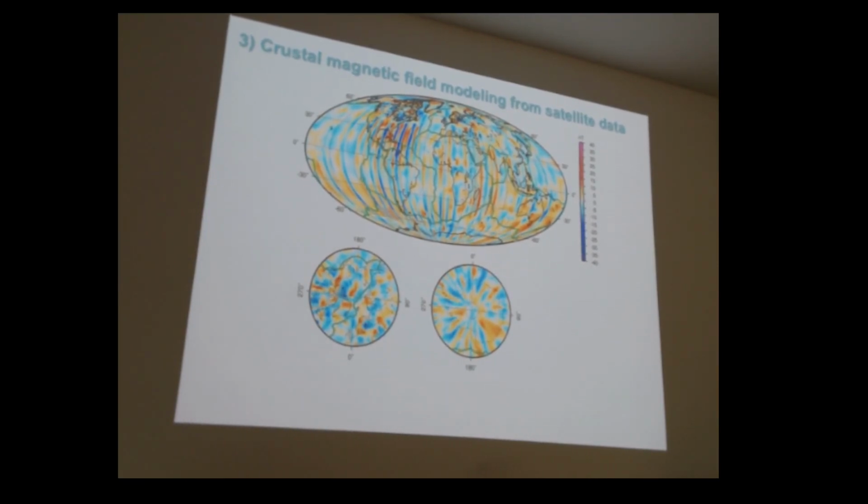Because there is something I didn't tell you, but that is very interesting. Any time variation of the external field induces a response from the Earth, a global response. This response depends on the electrical conductivity of the Earth's mantle, down to the core, but mostly the mantle, because we don't truly have access to the very deep part.